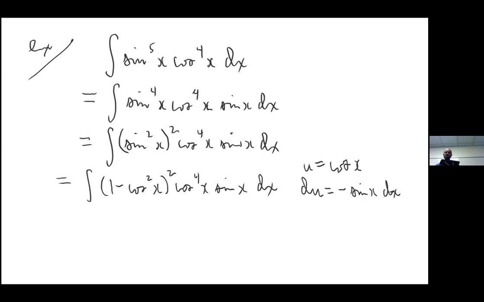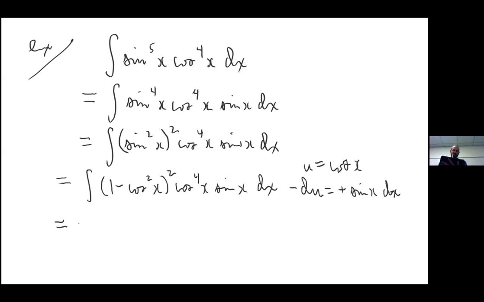Okay, which, look, we have a sine x dx. We don't have a negative sine x dx. So I would be inclined to move the minus sign to the other side and turn this into a plus. All right, and now we're ready to make a little substitution here.